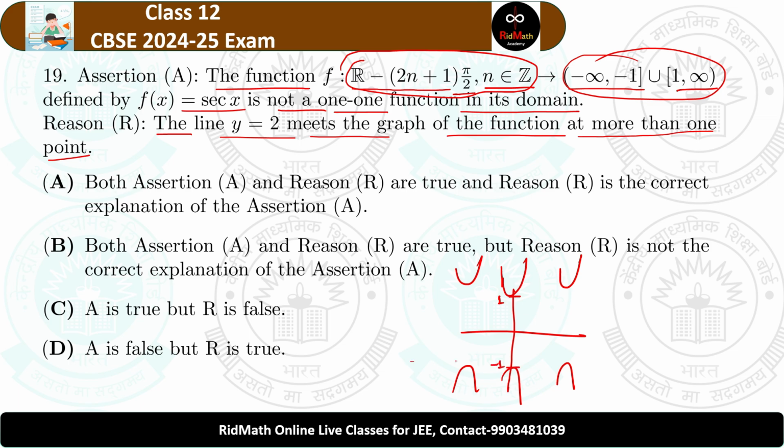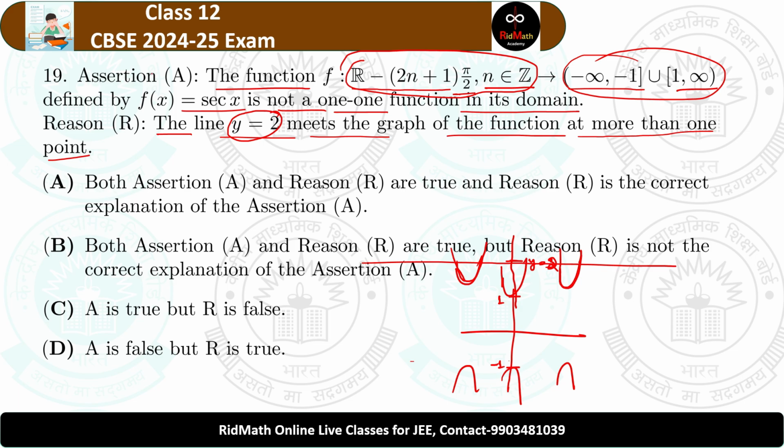From minus 1 to 1 there is no image, and it is saying y equal to 2 meets the graph of the function at more than 1 point. This is 1 and this is 2, y equal to 2 is there. So this line will definitely meet the function at more than 1 point.